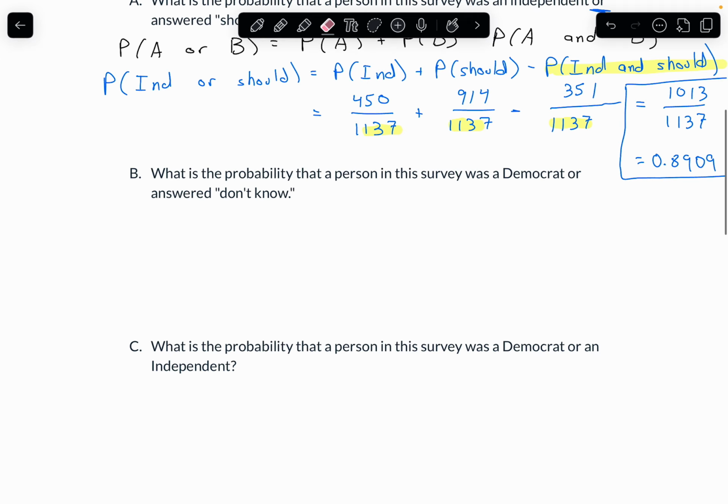If I look at part B, working with that same data set, what is the probability that the person in the survey was a Democrat or answered don't know? Using my formula again, you don't necessarily have to write this formula out every time, but I do think it's helpful the first few times. I want the probability that the person was a Democrat or said don't know.